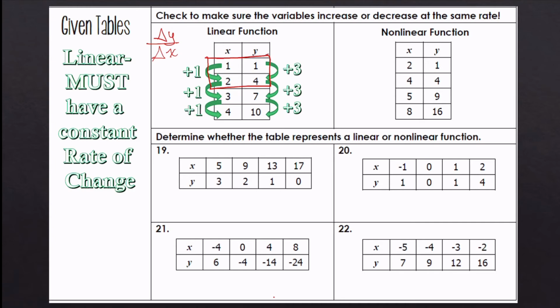And for this one, it was 3/1. Okay, so far so good. For this one, it was 3/1. And then for these last two, it's also 3/1, meaning it is in fact a linear function because as I move down, it stays constant.